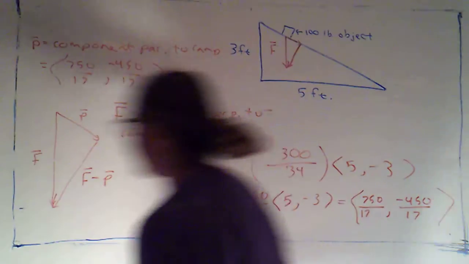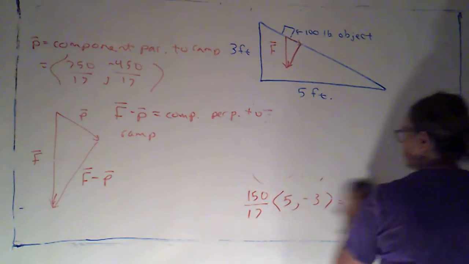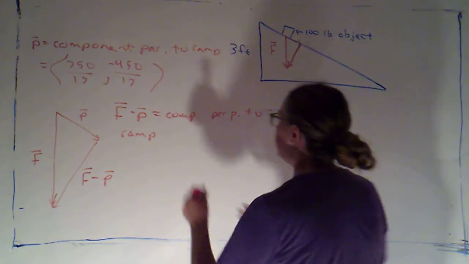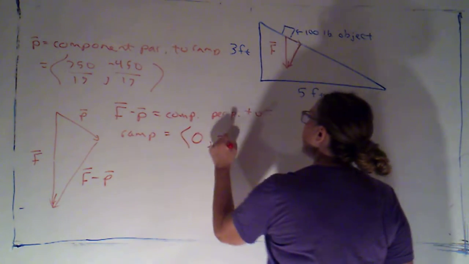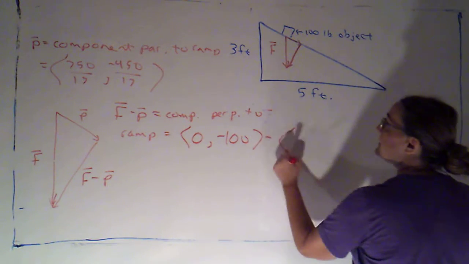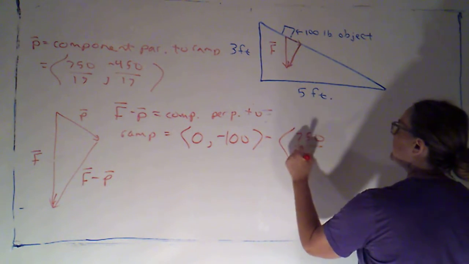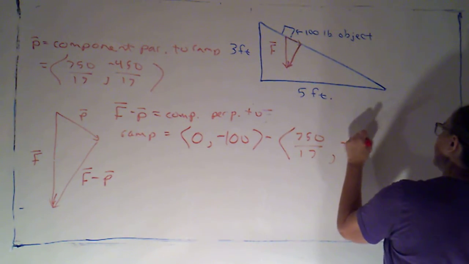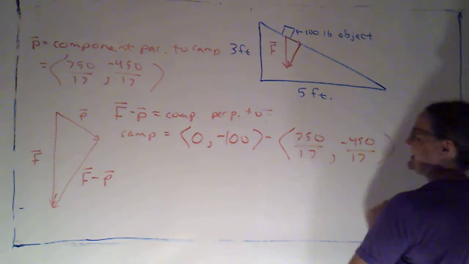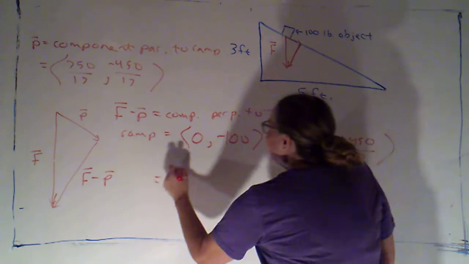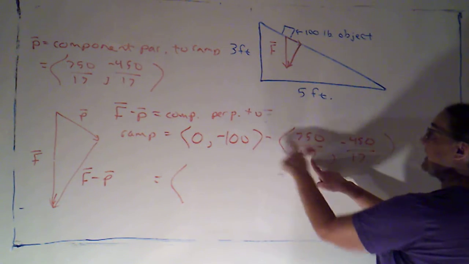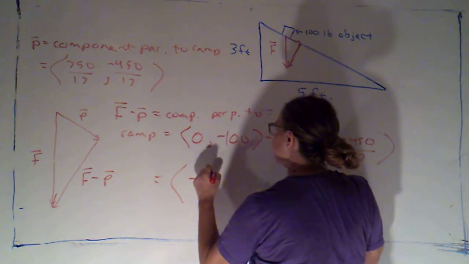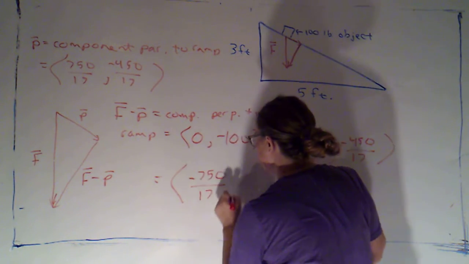And we can work that out. So that's 0, negative 100 minus 750 seventeenths, negative 450 seventeenths. Okay. So let's see, 0 minus 750 seventeenths is going to be negative 750 seventeenths.